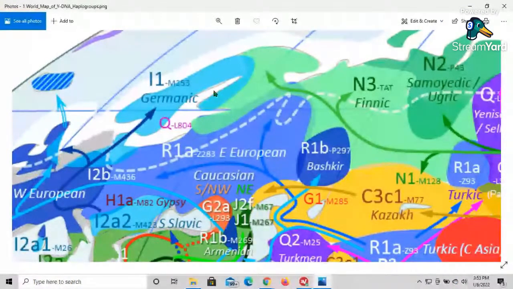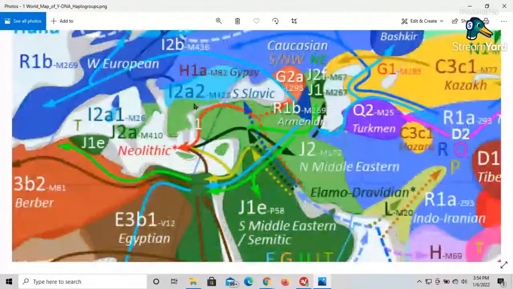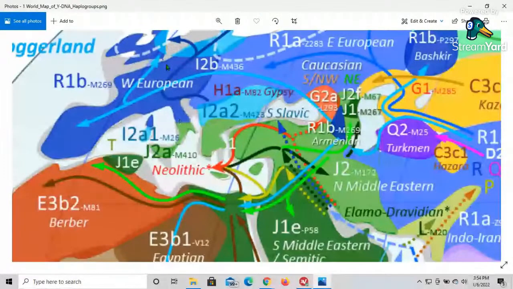But these came later. This I1, of course, came later. This I2 came later. Went up into the area of Europe and the nations. I2 over here, even J2 over here.